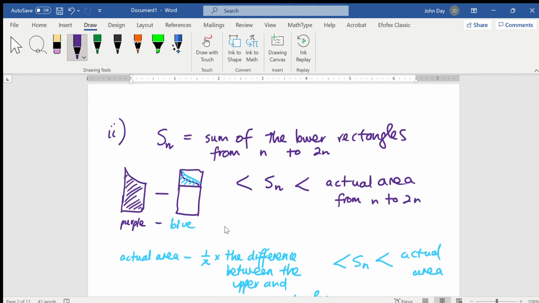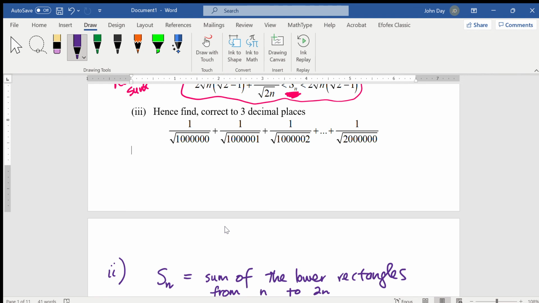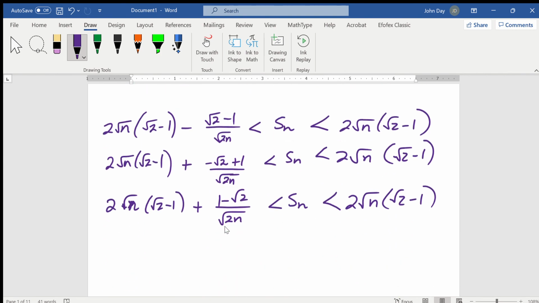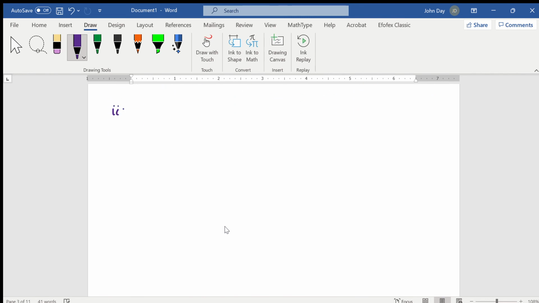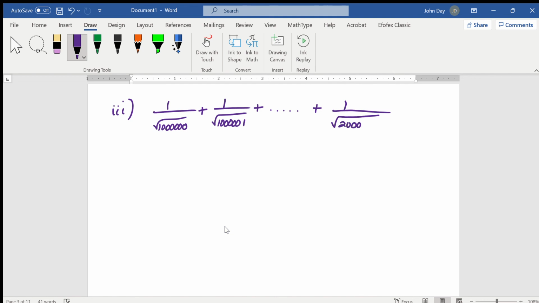Now they're asking us to try and work out what happens if we try to add up from 1 on root 1 million up to 1 on root 2 million, going up by units of 1. So we're trying to find out 1 on root 1 million plus 1 on root 1 million and 1 plus so on, all the way up to 1 on root 2 million. Okay, well, we're going to let that be the Sn that's in the middle.